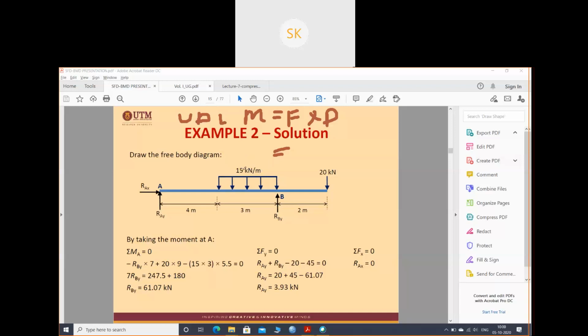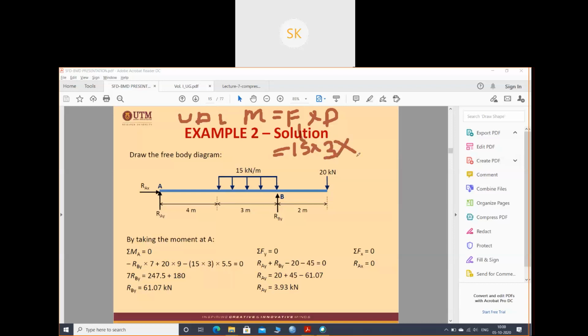But here it is given 50 kilonewton per meter. That means 15 kilonewton is acting per 1 meter. But the distance given here is 3 meter. That means your 15 kilonewton is acting on all the 3 meters. So it will be 15 into 3. So this is your force.